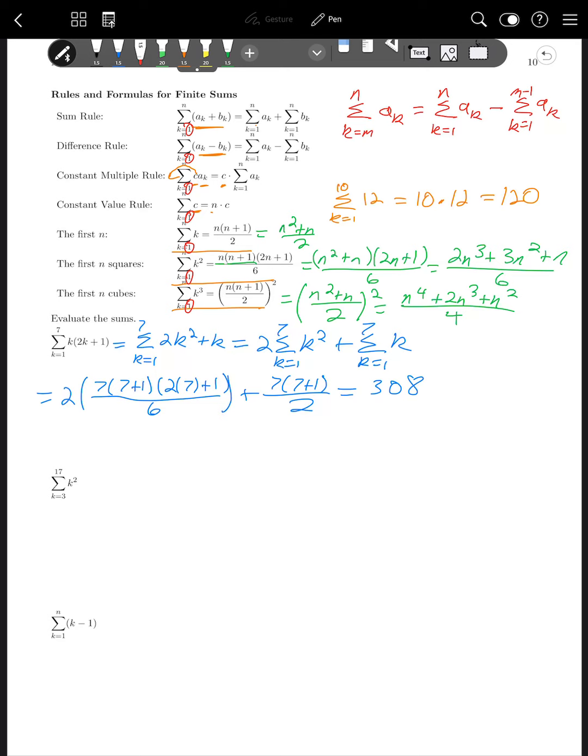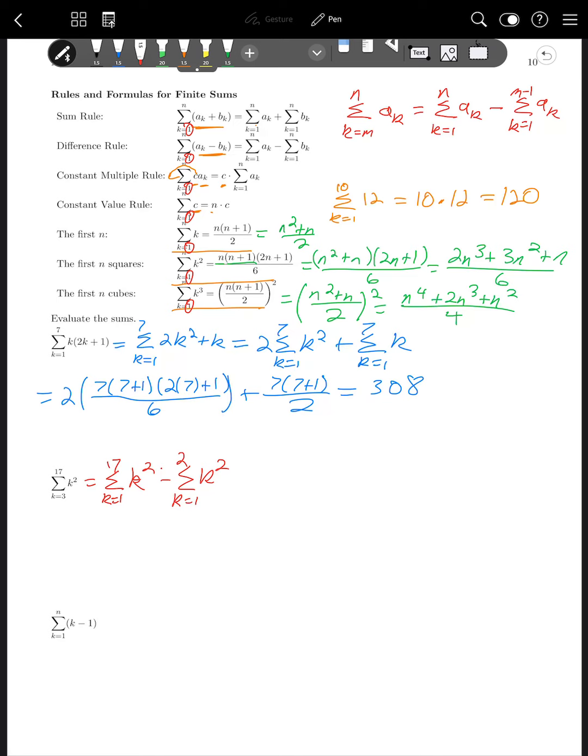So the idea here is if I want to do the sum like this problem down here from 3 to 17, well, I just find the sum from 1 to 17 and I subtract away 1 and 2. So for example, in this problem down here, it would be the sum from k equals 1 to 17 of k squared minus the sum from k equals 1 to 2 of k squared.